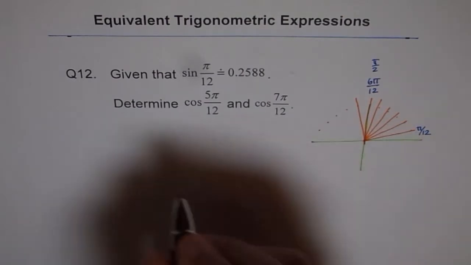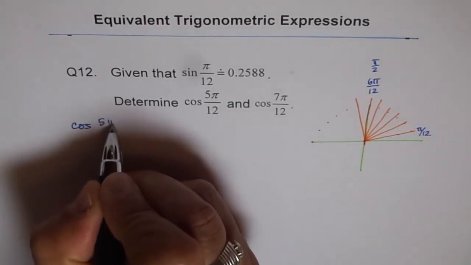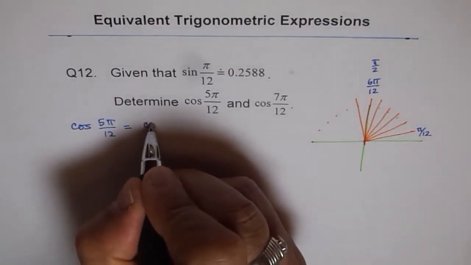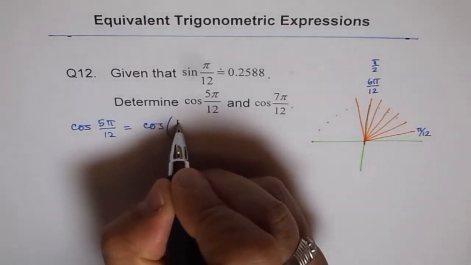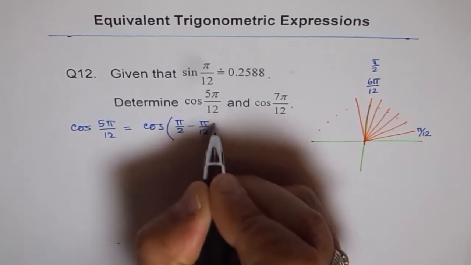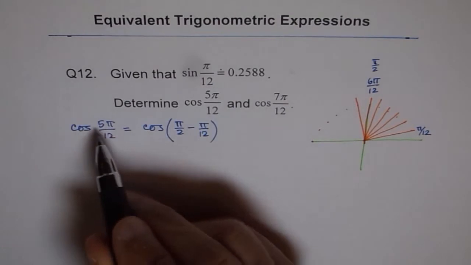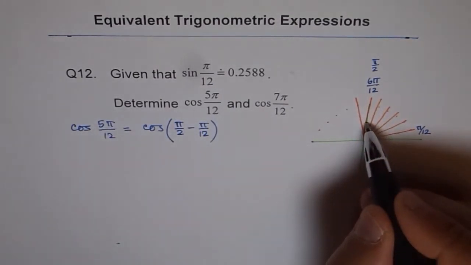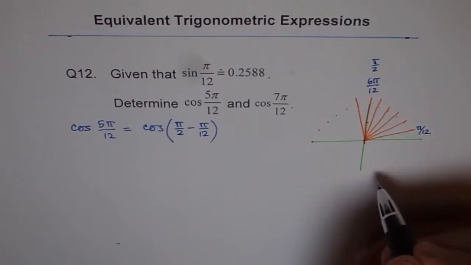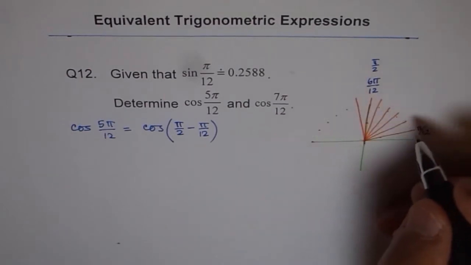We can write this as cos of 5 pi by 12 is equal to cos of pi by 2 minus pi by 12. Do you see that?